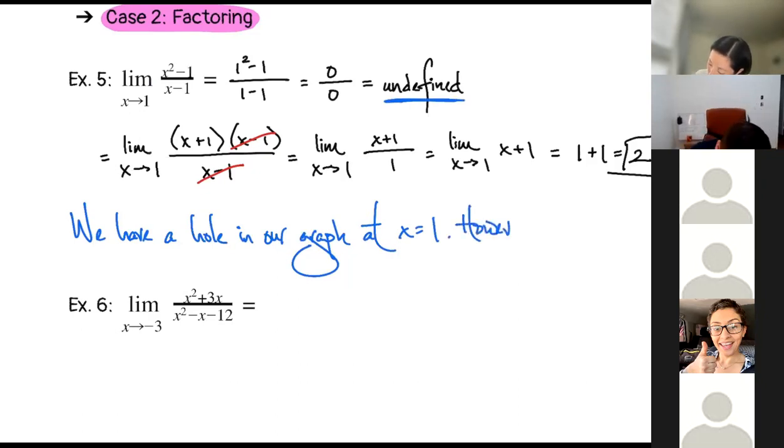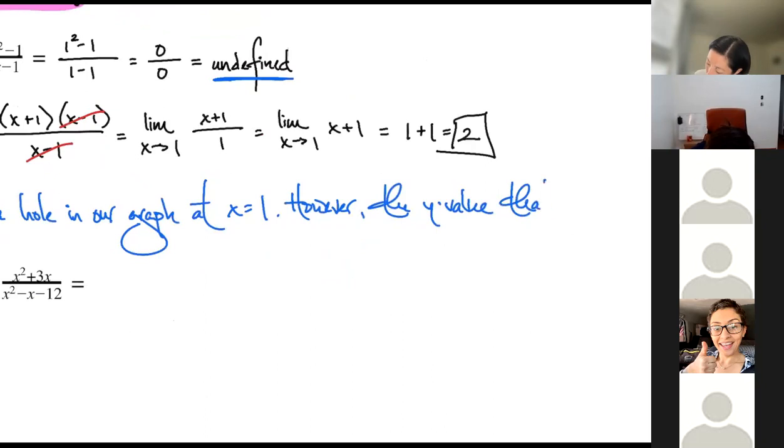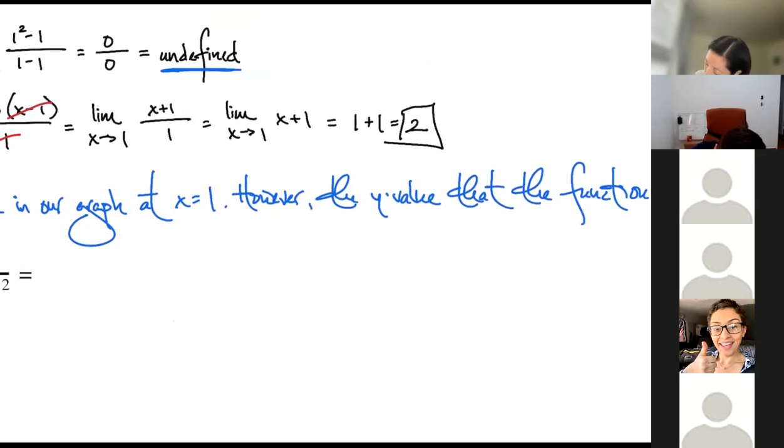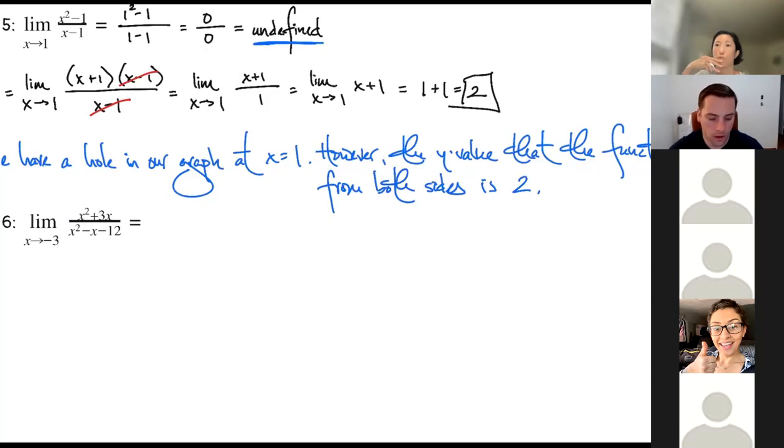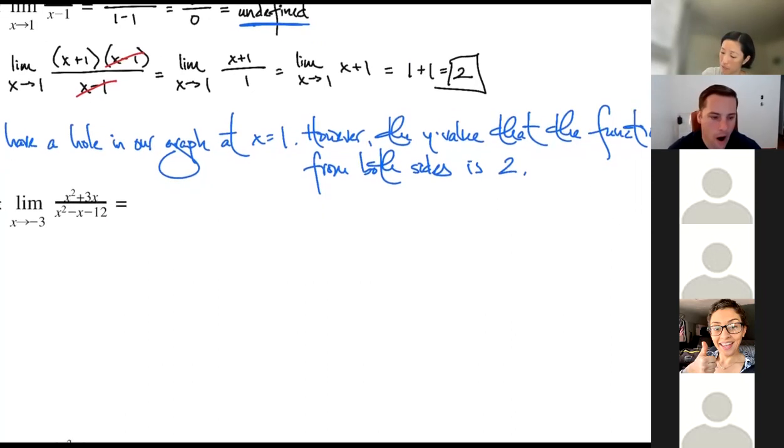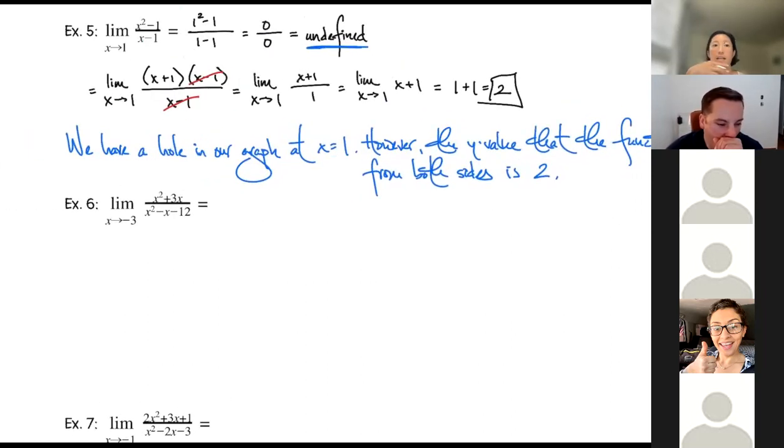However, the y value that the function approaches from both sides is 2. Okay, let me get that all on one screen for you.